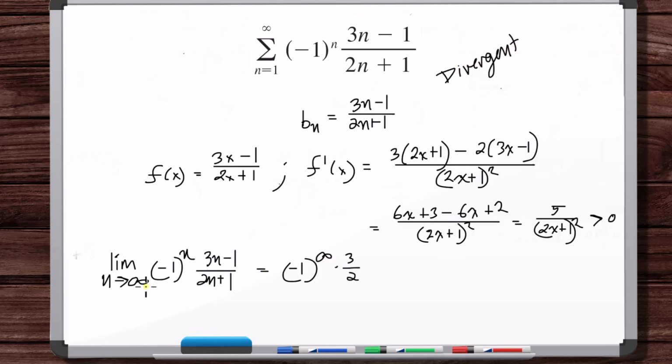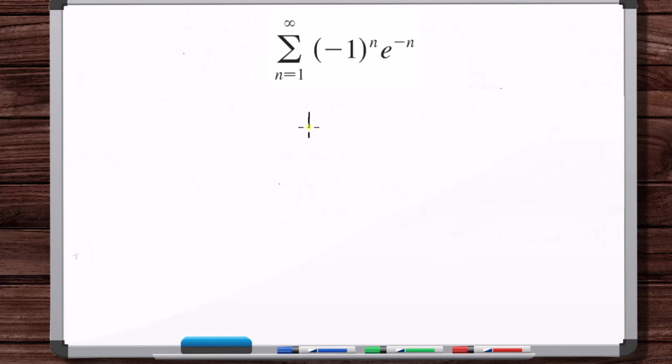Right? Test for divergence: if this limit was equal to 0, then it wouldn't tell us anything. But that's why it's called the test for divergence, because if this limit is equal to anything other than 0, or it's divergent, then you know the corresponding series is divergent. Okay, the b sub n is 1 over e to the n, and that is always decreasing.